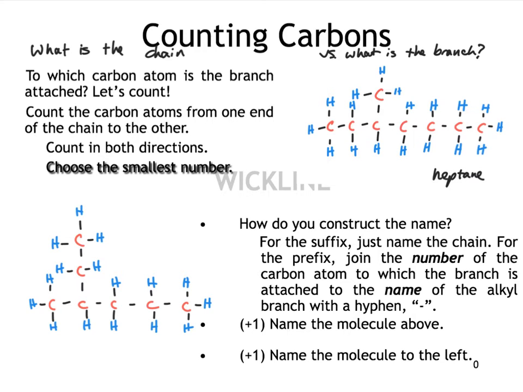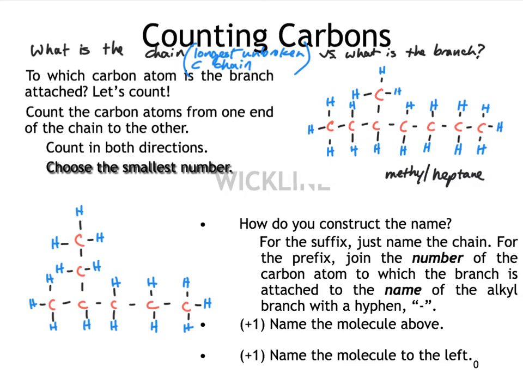And before I forget, let me just say that the chain is the longest unbroken chain. Put that in here. So we had already determined that part of this name is going to be heptane, and another part of the name is going to be methyl, because there's only one carbon on this branch. And again, the YL suffix on methyl indicates that this is the branch, so a 1-carbon branch on a 7-carbon chain.